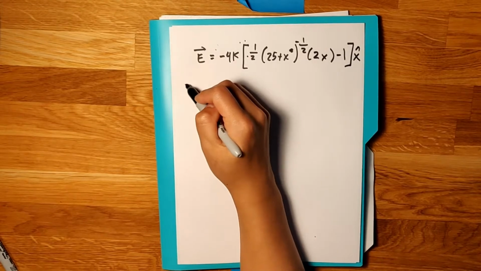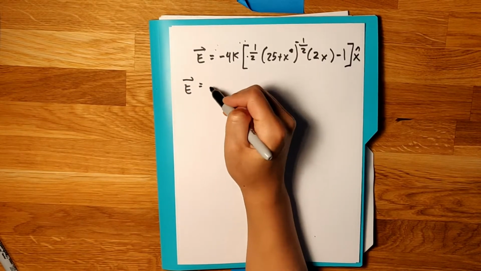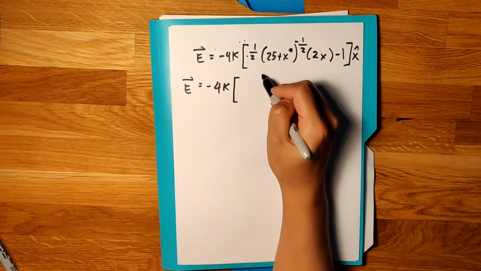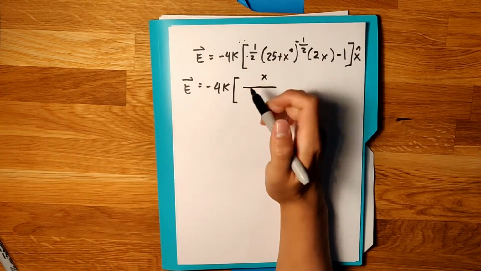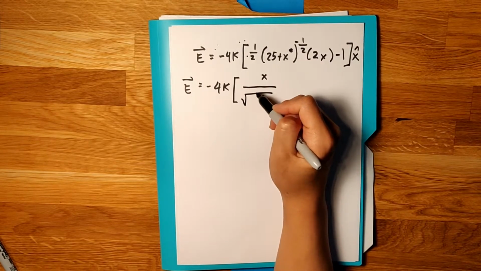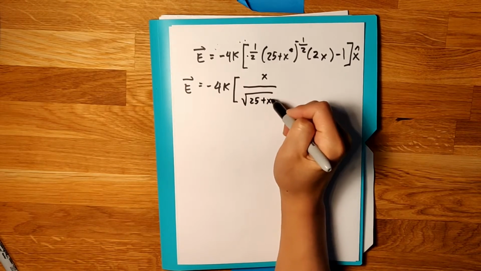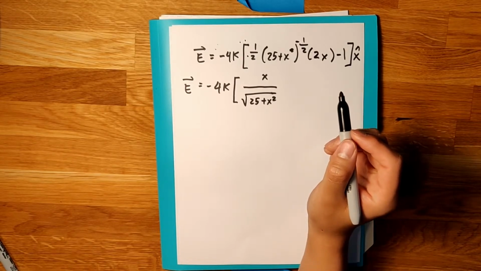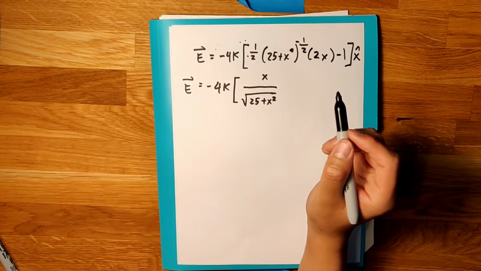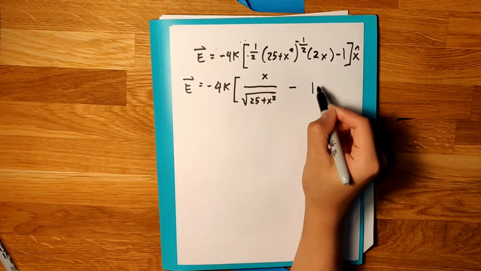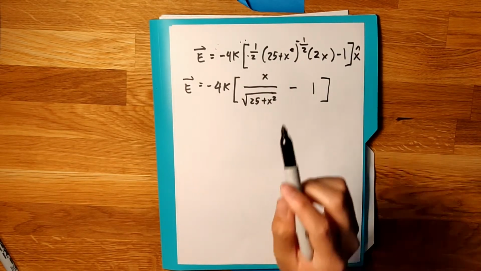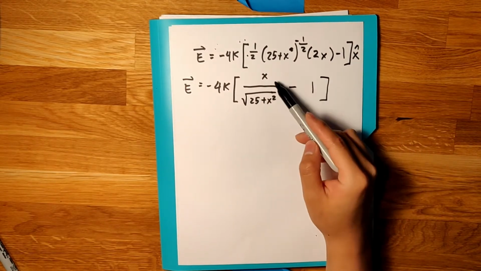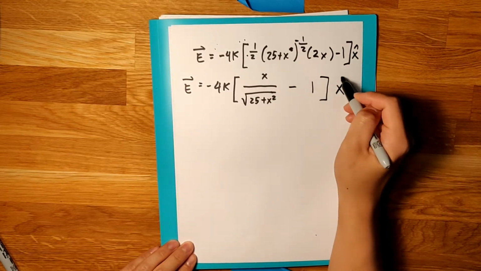So just to make this a little bit nicer, we get E is now equal to negative 4k times x over, if I bring this to the denominator, the square root of 25 plus x squared, minus 1. The reason we only have x on the numerator is because the 2's cancel out. And don't forget the direction, x hat.